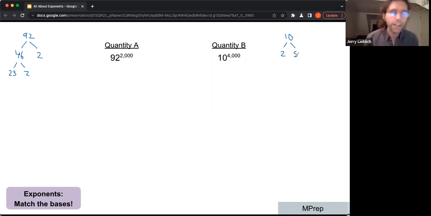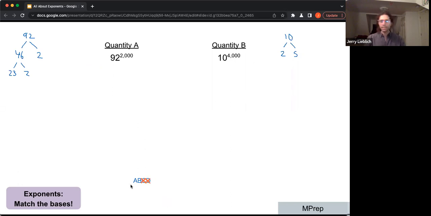So these bases are not actually going to match each other if I do factoring. Already, that should tell me it can't be C. There's no way these could be the same as each other if these bases are incompatible in terms of their factors. So it's not C, it's not D.